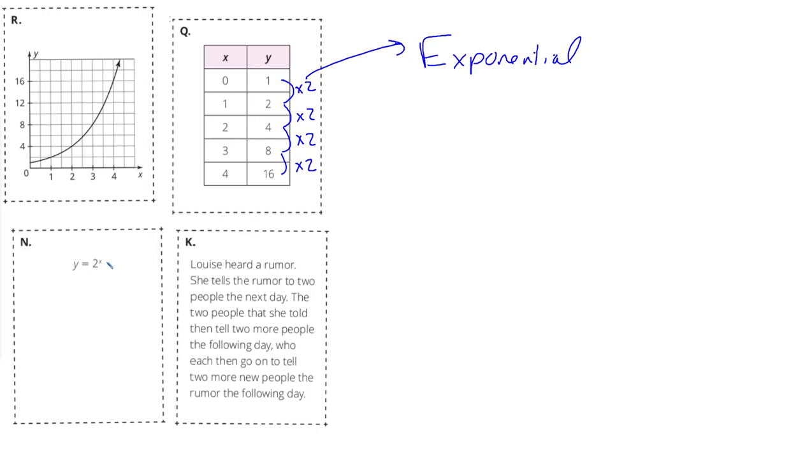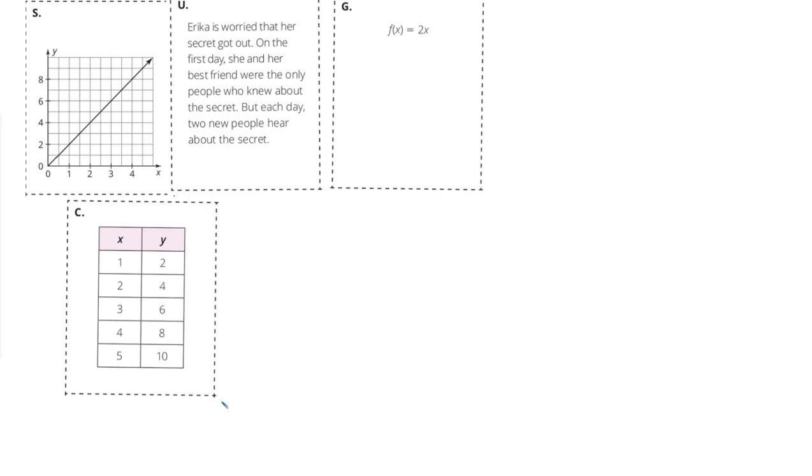When I write something with a constant multiplier, that means my exponent is my x. And we have 2 people the next day, and they each tell 2 people more the following day. And so each go on to tell 2 new people each day. And so that will be exponential.